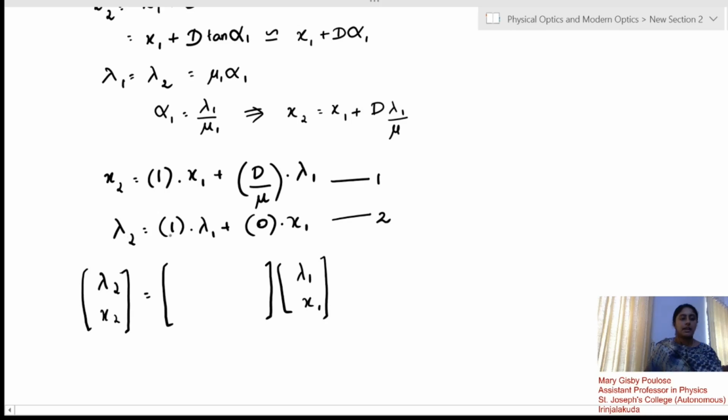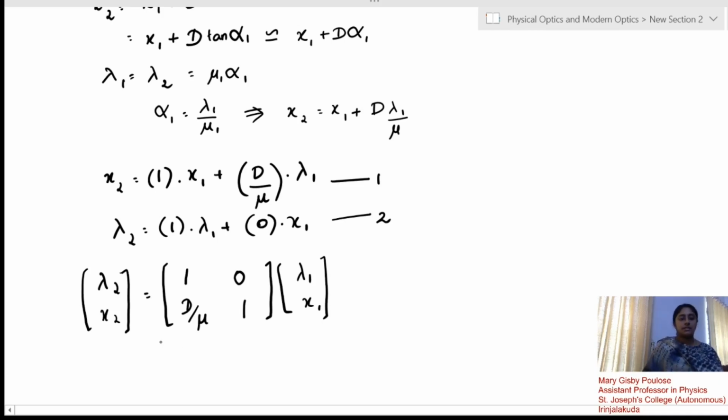Okay, so for this matrix that I have written, I'm going to find the values here. From lambda 2, I have 1 into lambda 1 plus 0 into x1. And x2 is equal to d by mu into lambda 1 plus 1 into x1.